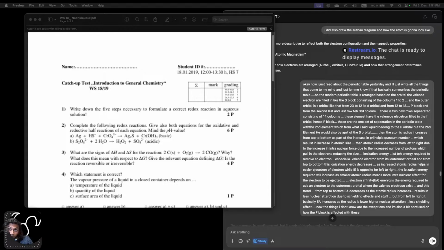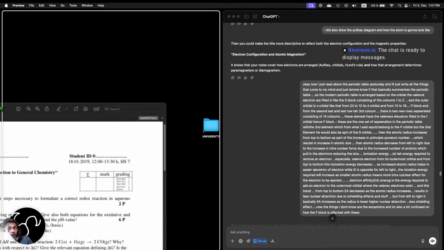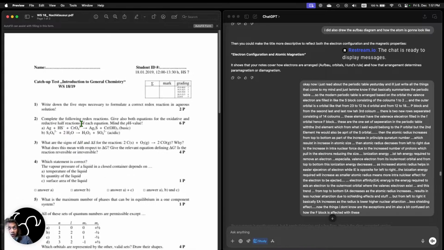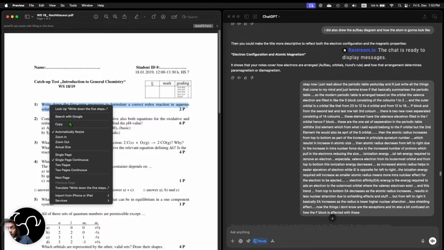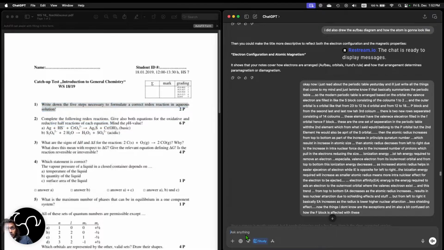Okay, I was just checking one thing and we're back. There's more book. Now write down the 5 steps necessary to formulate a correct redox reaction in an aqueous solution. That question I've seen more than once.